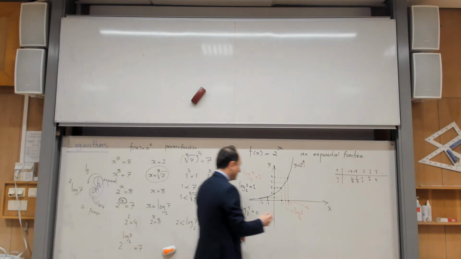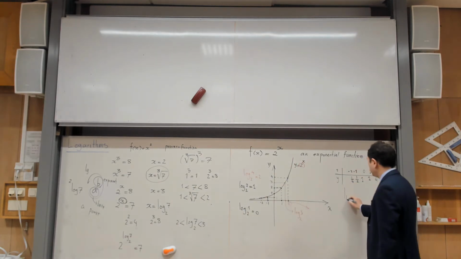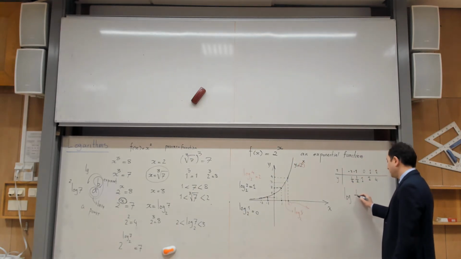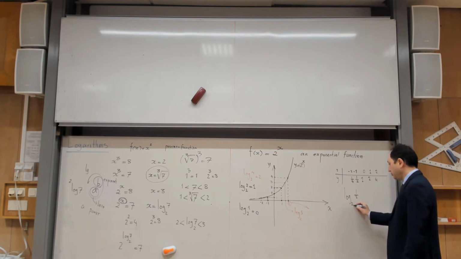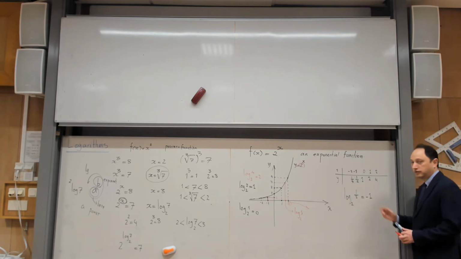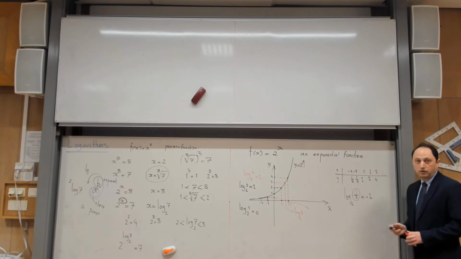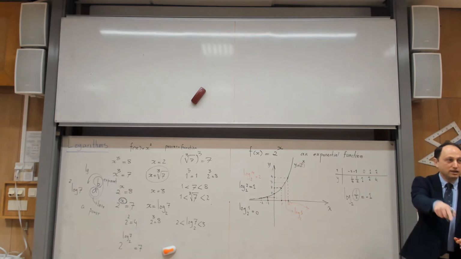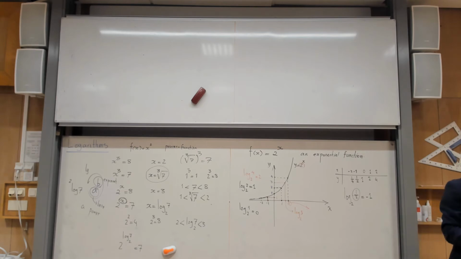So for example, in this problem, the logarithm of 1/2 in base 2 is which number? -1. So the output of a logarithm can be negative. But what about the input? Do you expect that I can put a negative input inside the logarithm?